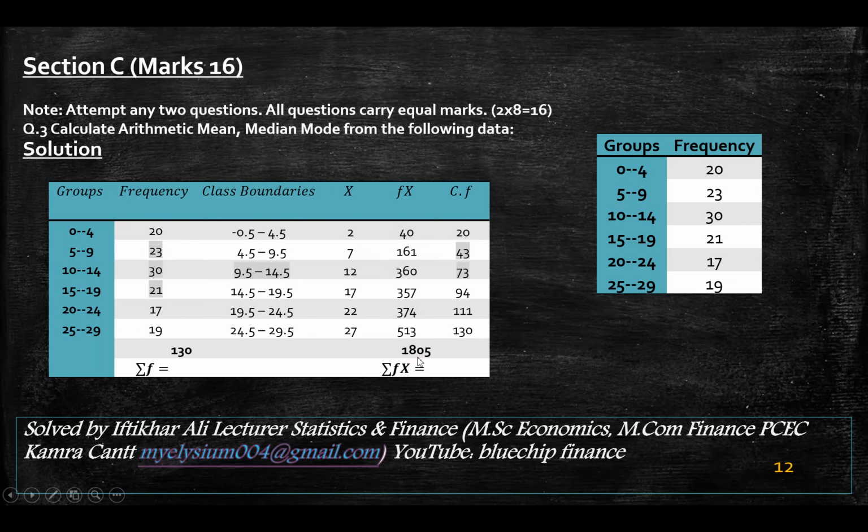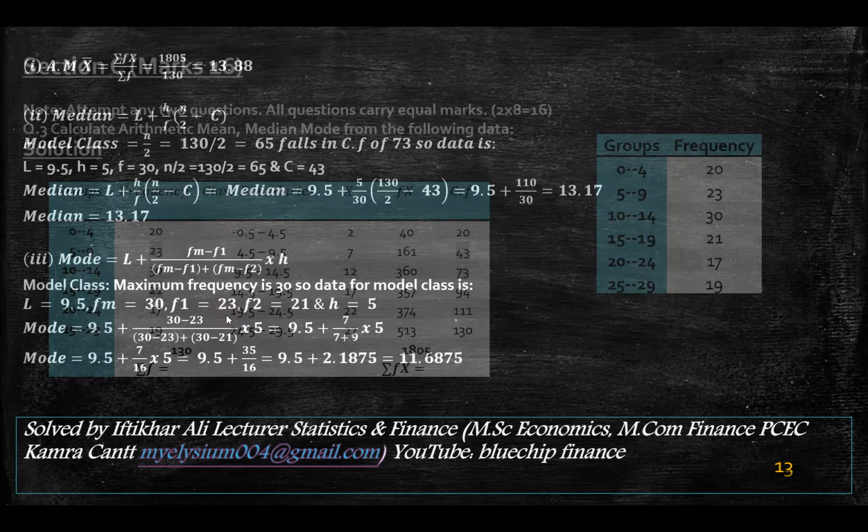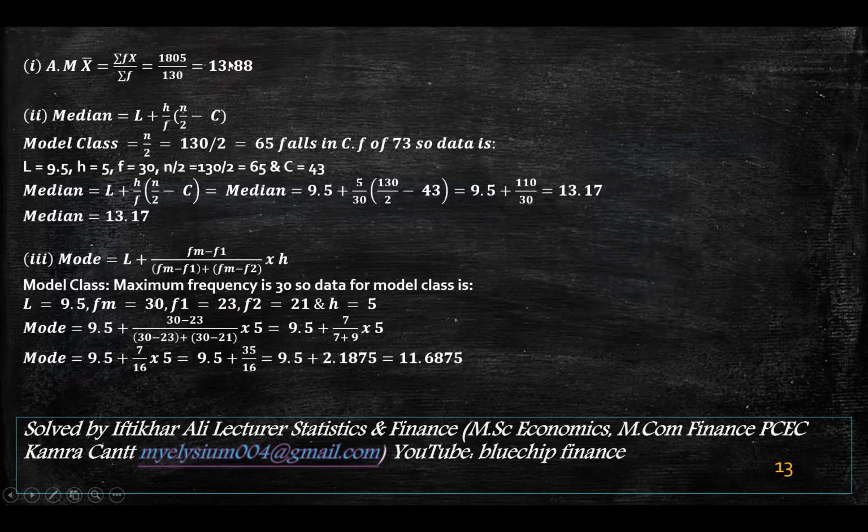Sum of fx is 1805, so 1805 divided by 130 produces 13.88, and that is the arithmetic mean. After that, we are going to calculate median, and for the calculation of median, the first step is to select the model class.